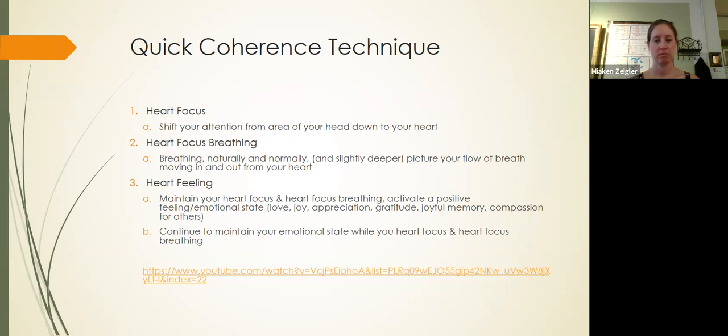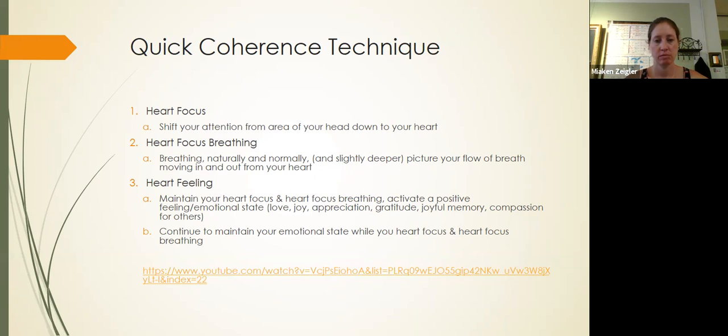Now, the third step is called heart feeling. Maintain your heart focus and continue doing that heart-focused breathing. And now I'd like you to activate a positive emotion. Perhaps just remember a time when you felt good inside. Or maybe feel appreciation for the good things in your life, things that you really can appreciate.